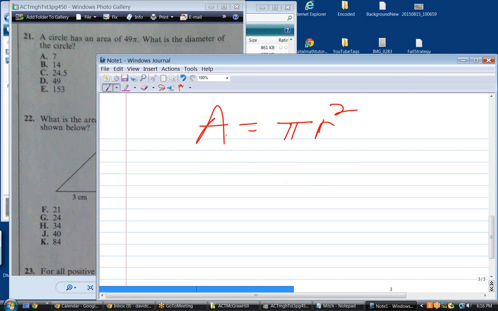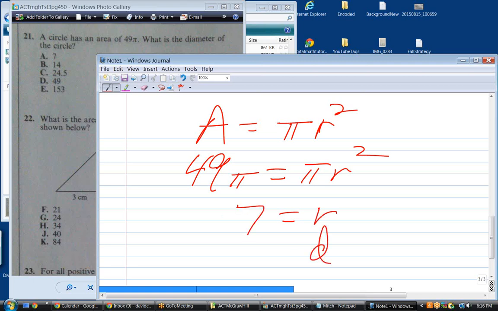So, as long as I know the general formula, and they're telling me the area is 49 pi, what's r? 7. So 14. What's d? D is twice r.